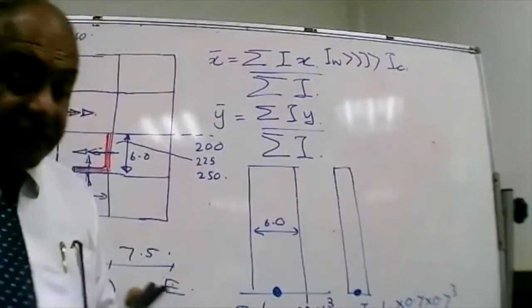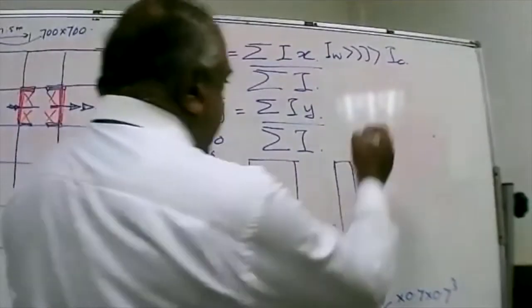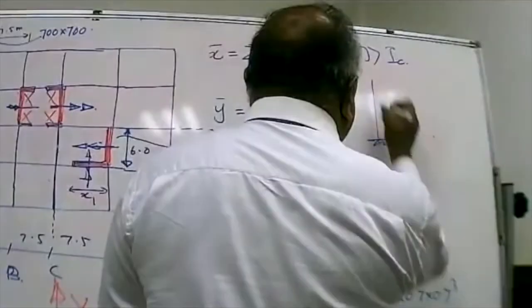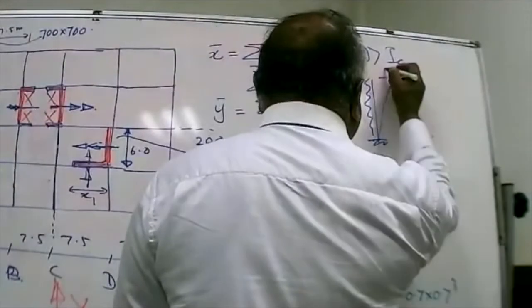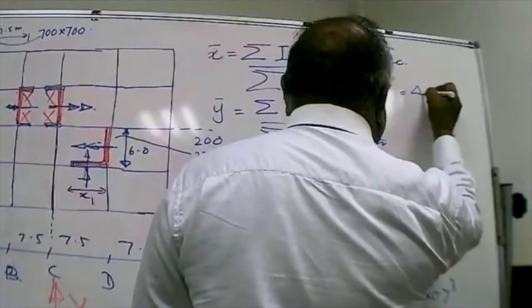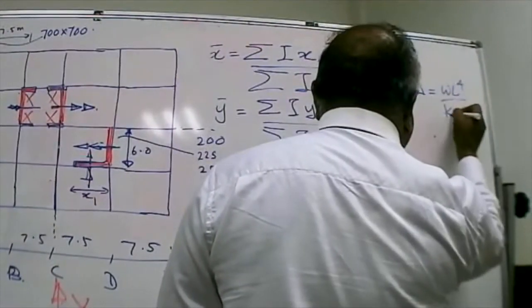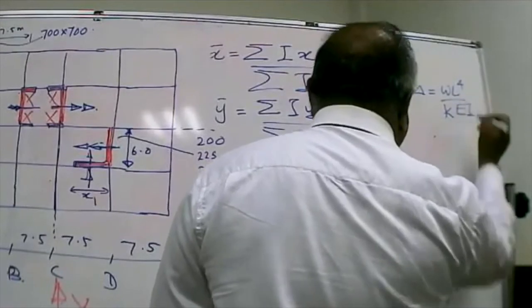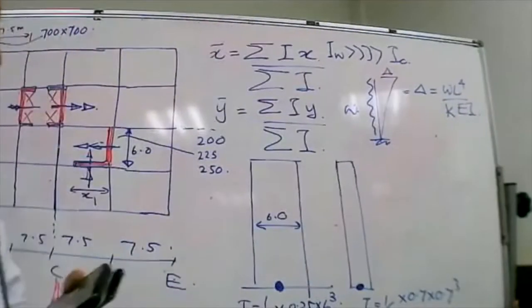So if you look at the deflection of the structure, if it is a cantilever subjected to a UDL W, the deflection at the top, delta, will be a function of W L to the power 4 divided by K times EI. K you can find from a textbook.